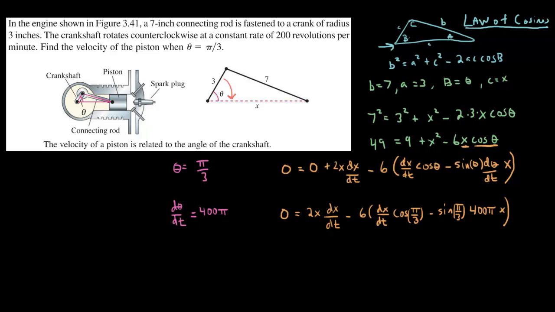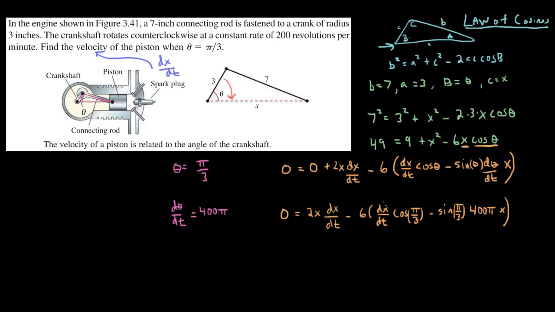Now, I'm solving this eventually for the velocity of the piston, which is dx dt. That's what I'm solving for. So I want those to remain variables, but the x is that one last thing that's kind of pesky that I need to figure out.